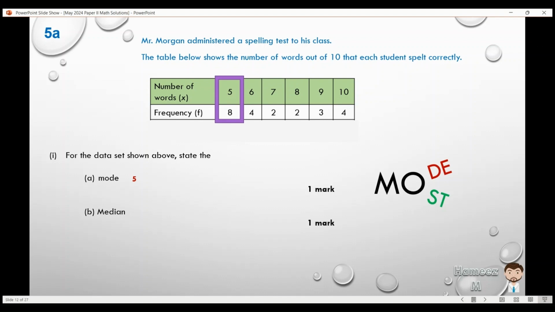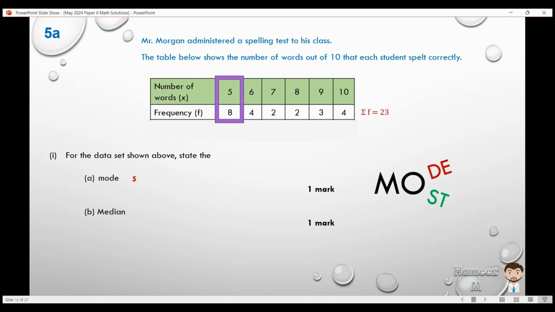So that's 8 and 4, 12, and 2, 14, and 2, 16, and 3, 19, and 4, 23. As such, the total frequency, which we can write as sigma f, sigma indicates total, is 23.